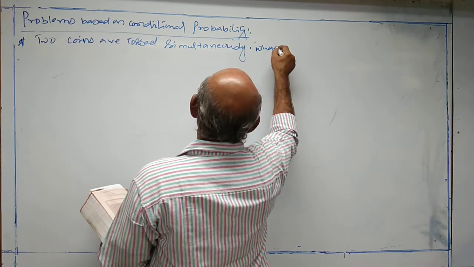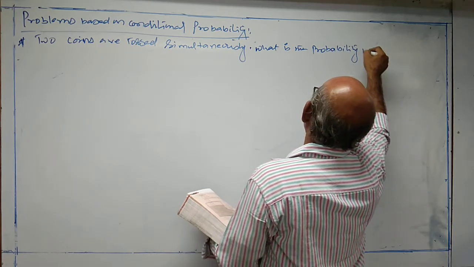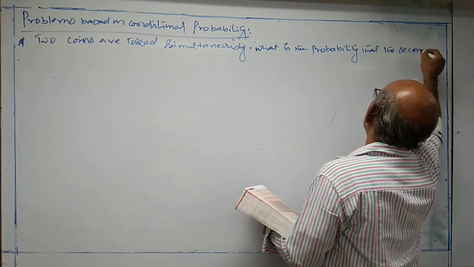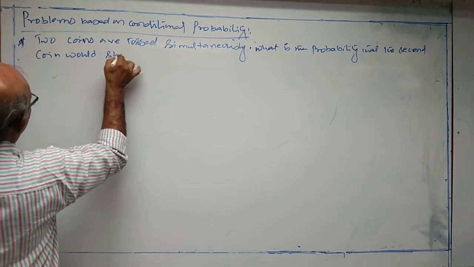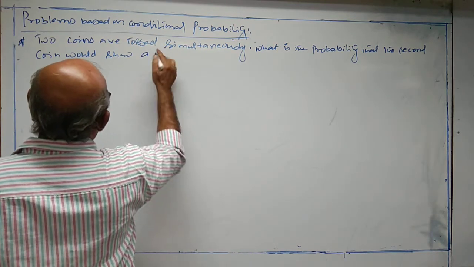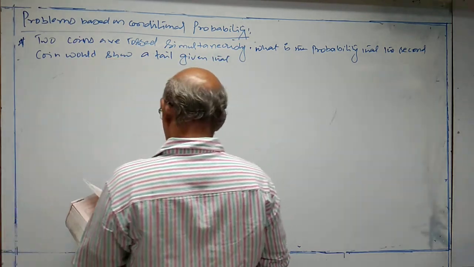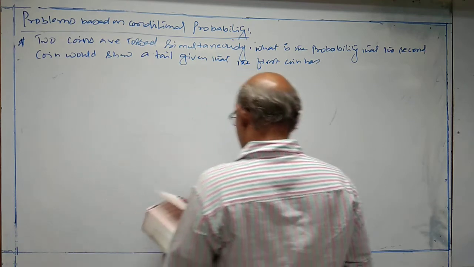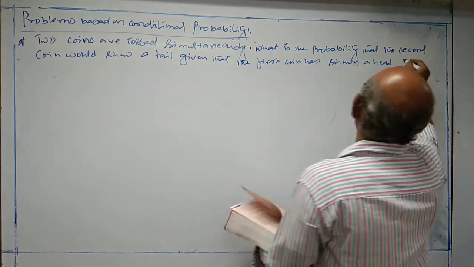What is the probability that the second coin would show a tail, given that the first coin has shown a head? This is my question.